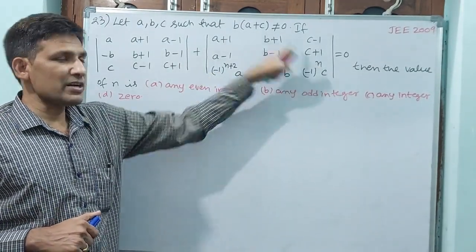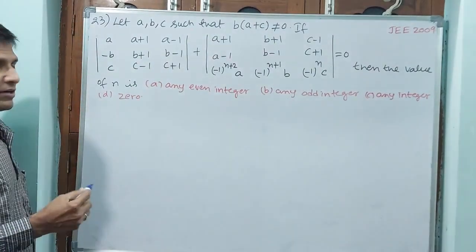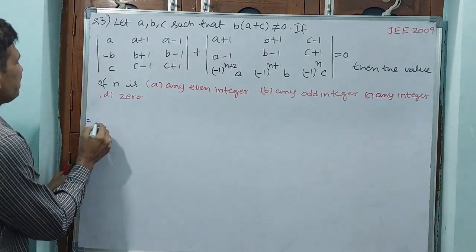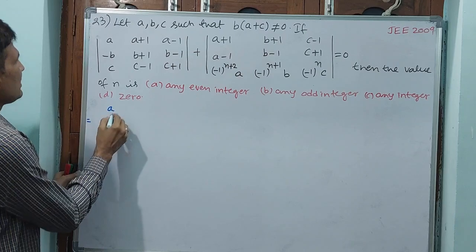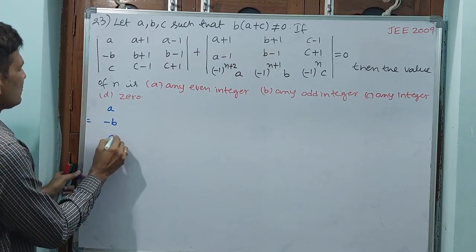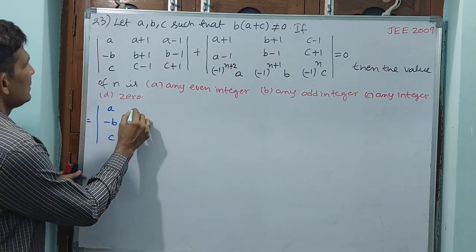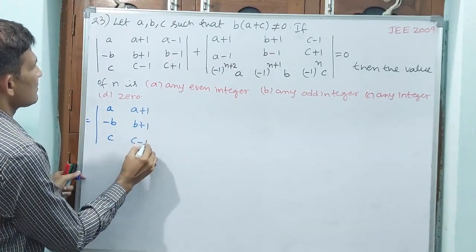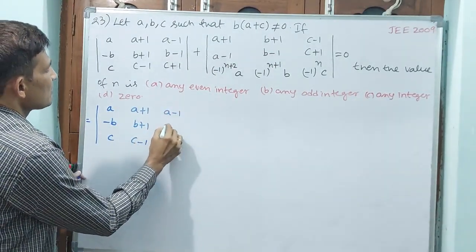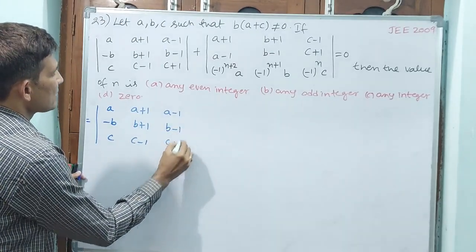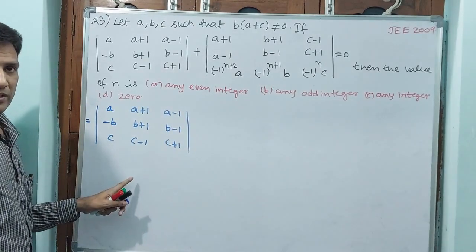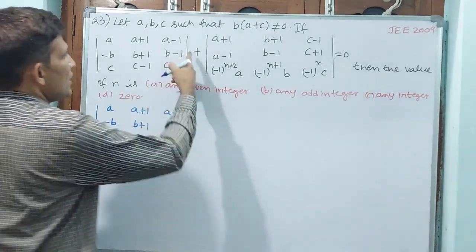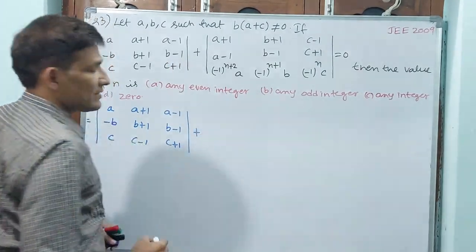Here minus 1 power n is there. Okay. See what I am doing now. That is equal to a will be there, minus b will be there, c will be there. Okay. A plus 1, b plus 1, c minus 1, a minus 1, b minus 1, c plus 1. I am not touching anything here. But you keep plus like this only.